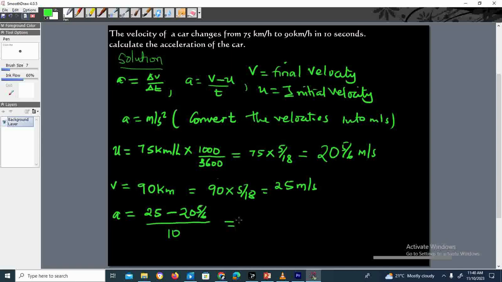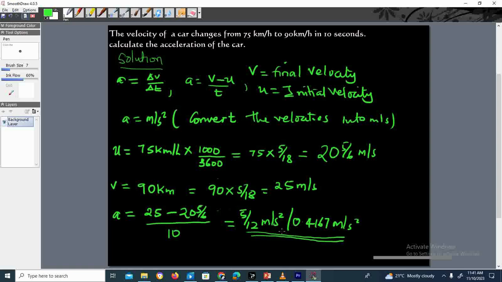So solving this is going to give us the acceleration of 5 over 12 meters per square second, or expressing it as a decimal, it's going to be 0.4167 meters per square second. The velocity does not only increase.